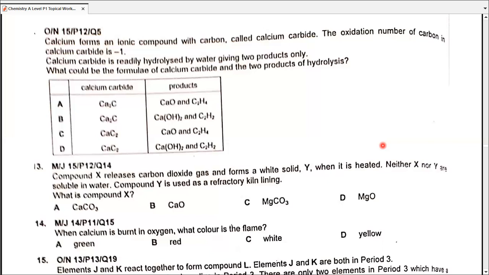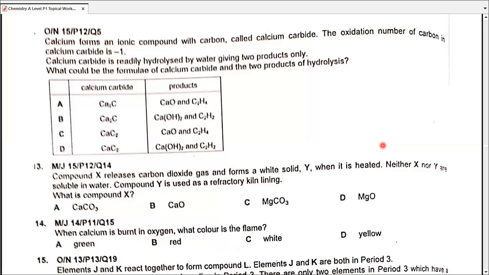Calcium forms an ionic compound with carbon called calcium carbide. The oxidation number of carbon in calcium carbide is -1. Calcium carbide is readily hydrolyzed by water, giving two products only.